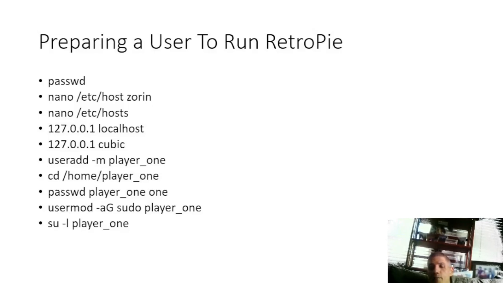Then we're going to give the player_1 user the ability to run sudo commands by typing usermod -aG sudo player_1, and then finally, we're going to log in to the virtual environment as player_1 by typing su -l player_1. Okay, that's what we're going to be doing next.